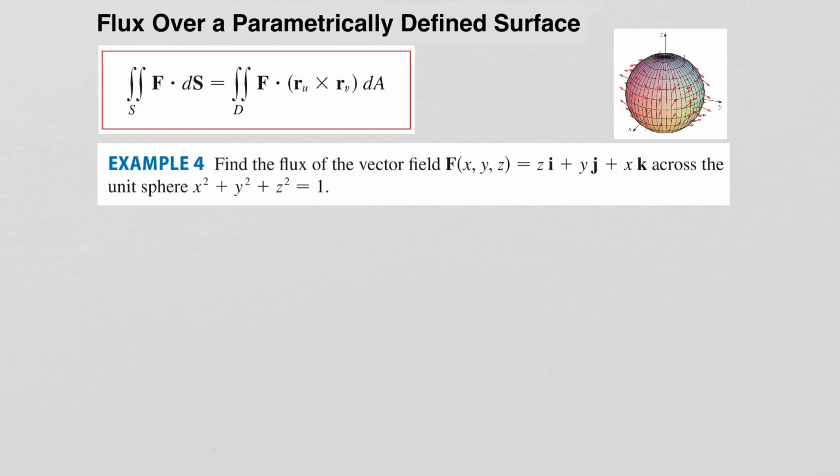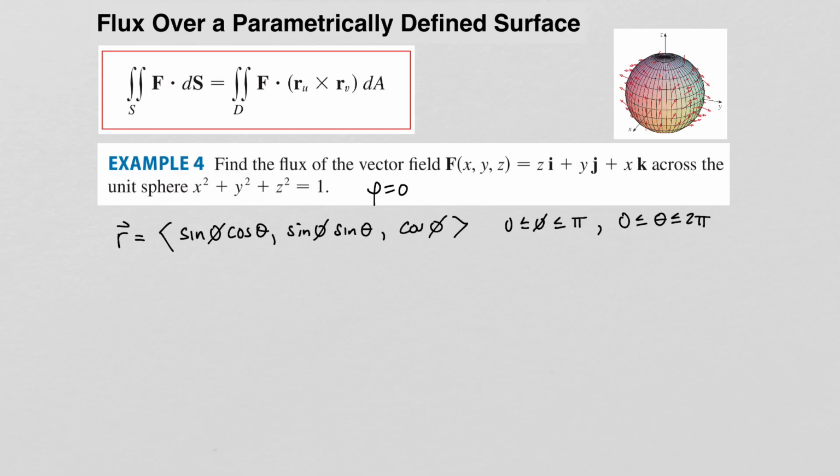So, of course, here we are going to use the spherical coordinates to parametrically define our surface. Let's go ahead and write that down. So, of course, rho equals 1, and we have our standard parametric equations for a unit sphere.